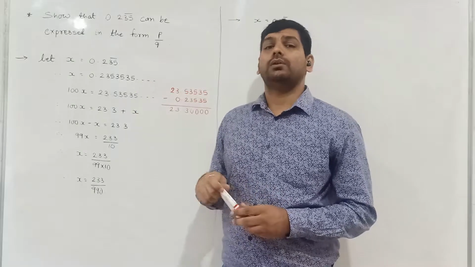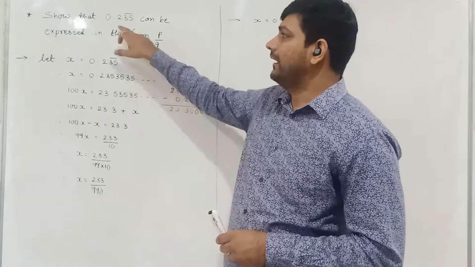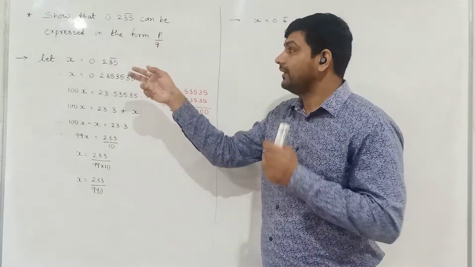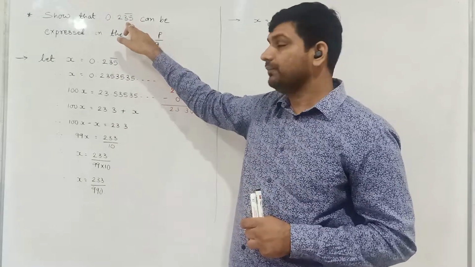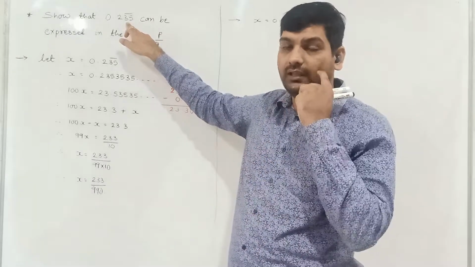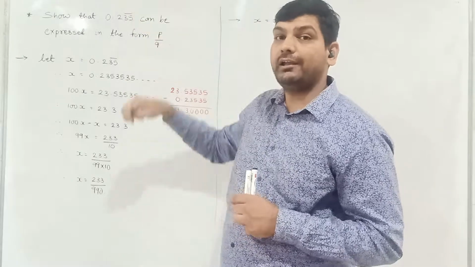That is a non-terminating recurring number. Here the number is already given to you: 0.35 bar. The bar line is on top of 35 only.